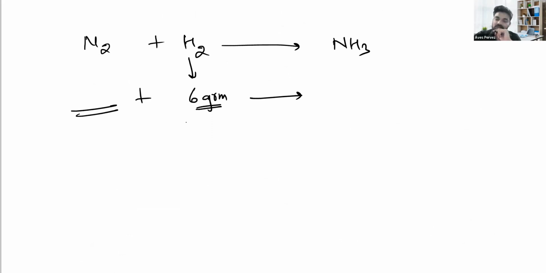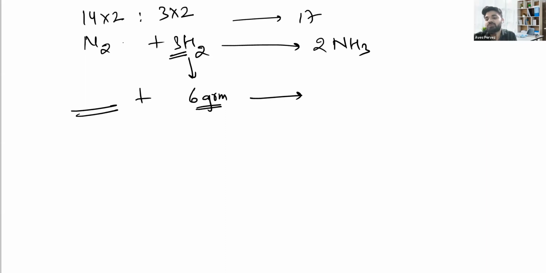You know this equation, N2 plus 3H2 gives 2NH3, and the simplest ratio is 14:3:17. For making this 3 into 6, you have to multiply by 2, so you have to multiply this also by 2.